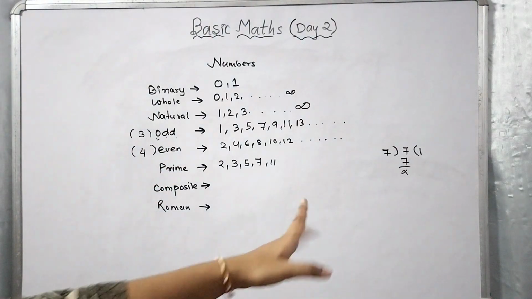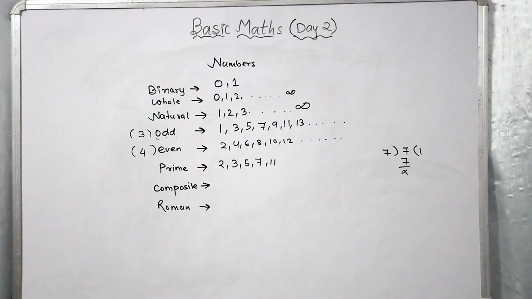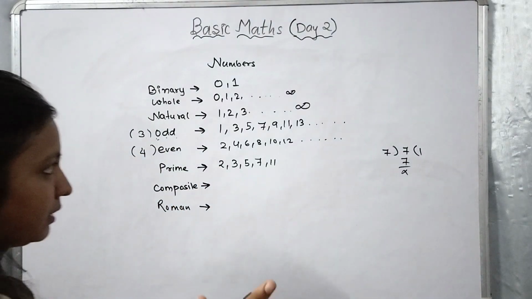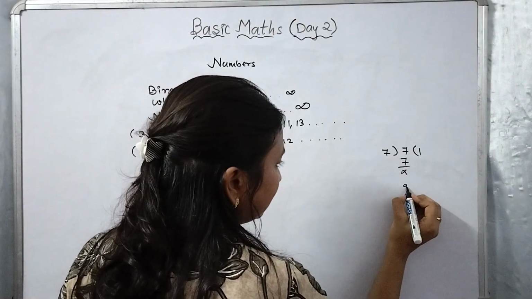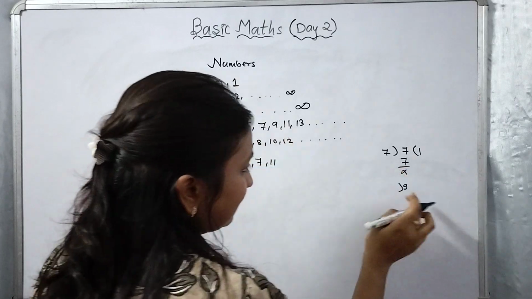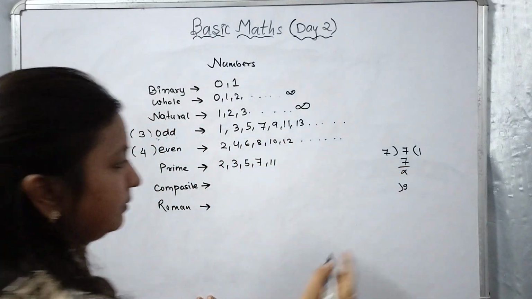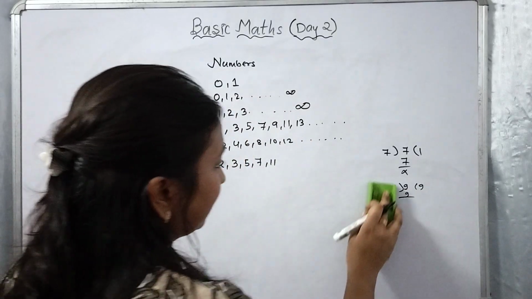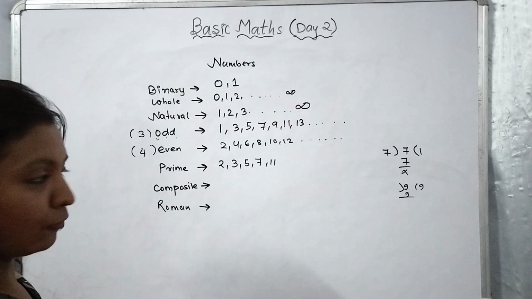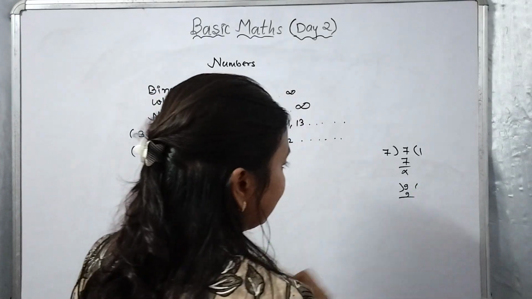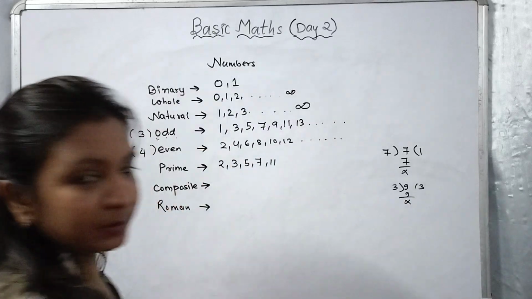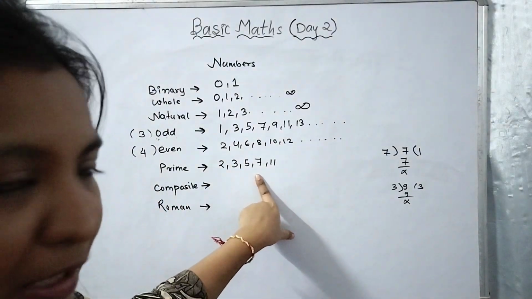Other than 1 and 7, there is no number which can divide 7. So it is called prime number. Fine? But is 9 a prime number? Let's check. Let's divide 9 by 1. It will go by 1. 1 nines are 9. But apart from 1, it won't go by 2. But it will go by 3. Why? 3 threes are 9. So it is divisible by 3. So it is not a prime number.